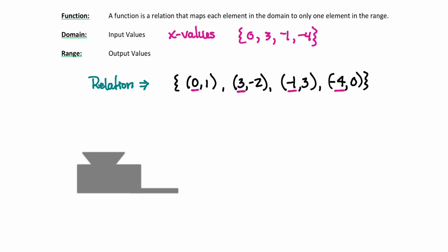Okay, now let's look at the range. You probably figured this out already, but the range is the y values in each of those points. Okay, so 1, -2, 3, and 0. Okay, now notice I'm just writing these in the order that they occur in the points.